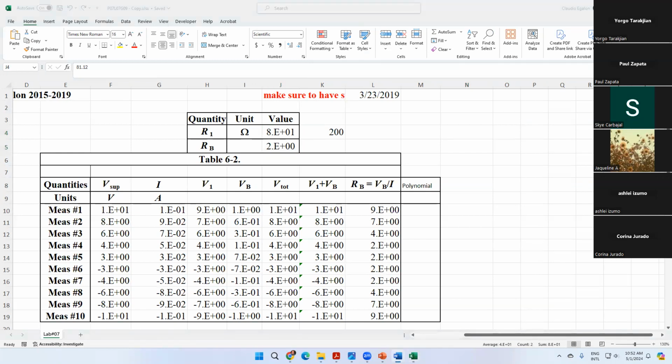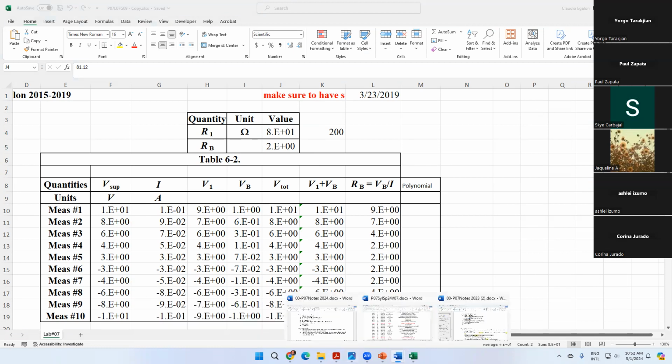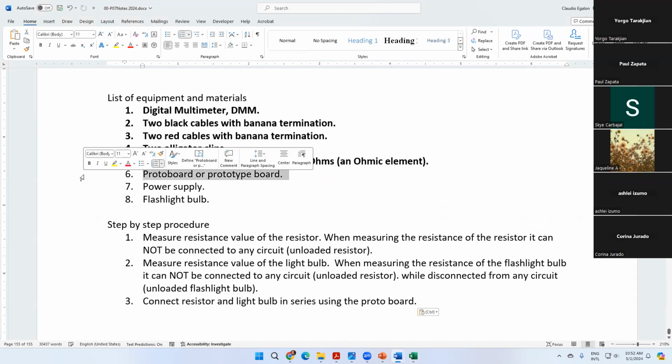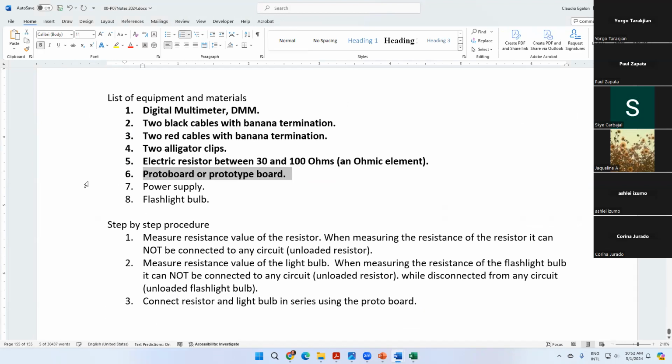Connect the resistor and light bulb in series using the protoboards. So now we use the prototype boards.